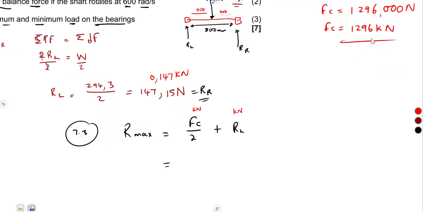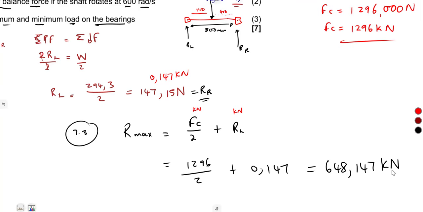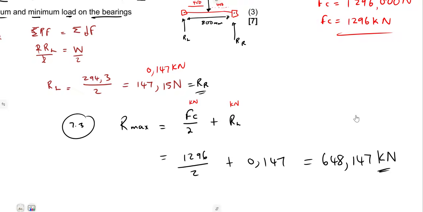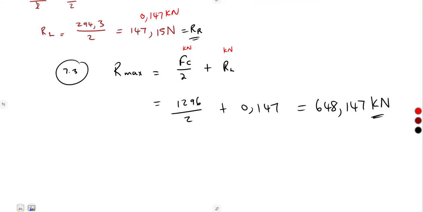But anyways, for what we have, let us do this. 1296 in kilonewtons divided by 2. We're going to add RL in kilonewton, 0.147. So we are going to have 648.147, already in kilonewtons. So this is the maximum.